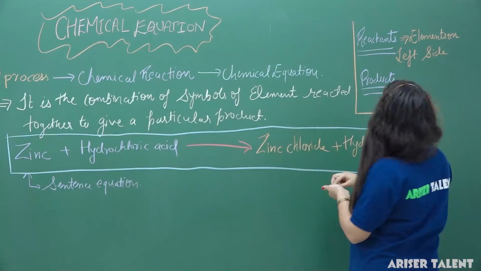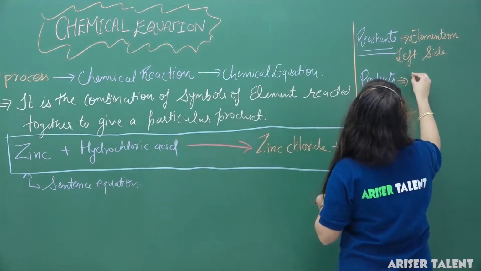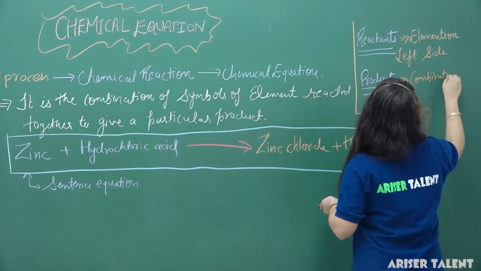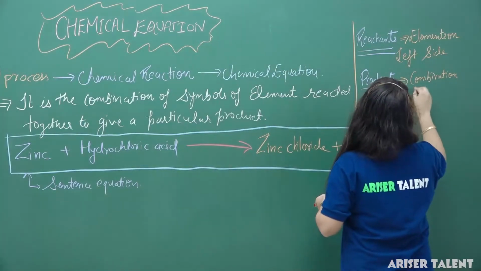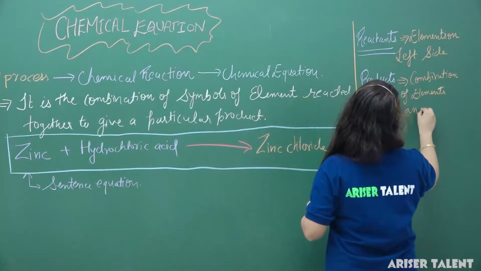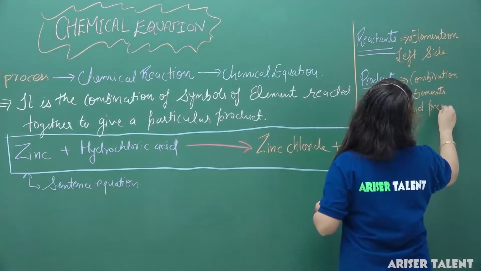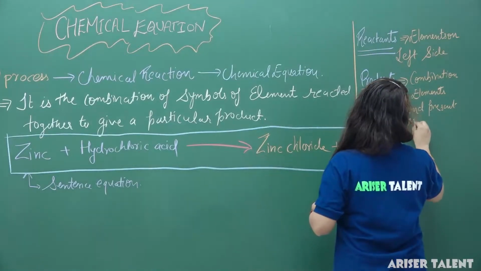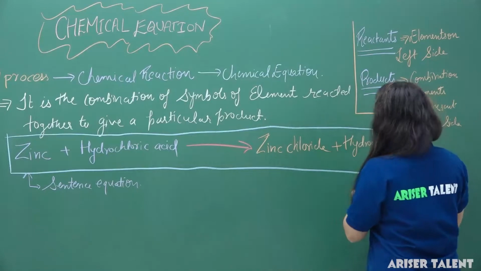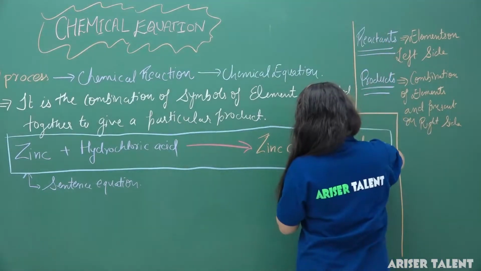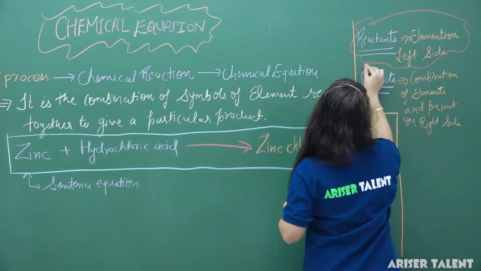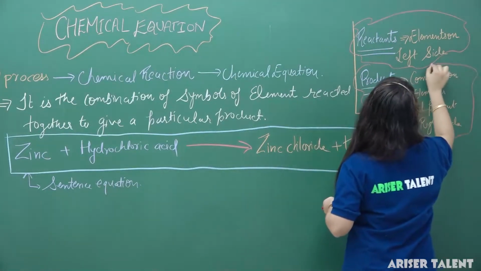Reactants after combining will form a certain amount of product. Products are the combination of elements and they are present on the right hand side of the equation. This is what reactants are and this is what products are.